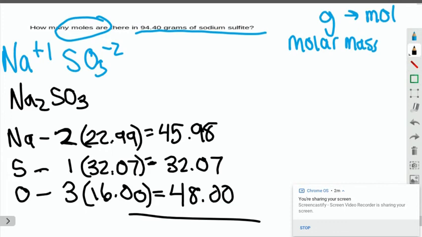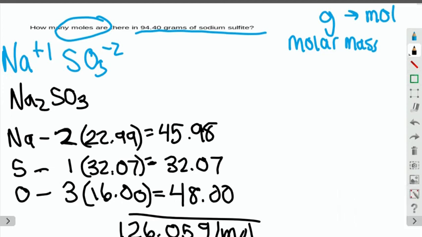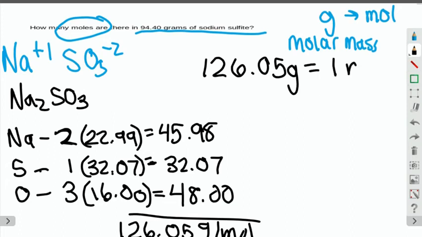And that will give us 126.05 grams per mole. If you want to write it out, like I said, that really means 126.05 grams is equal to 1 mole. So we can use this now in our conversion factors.